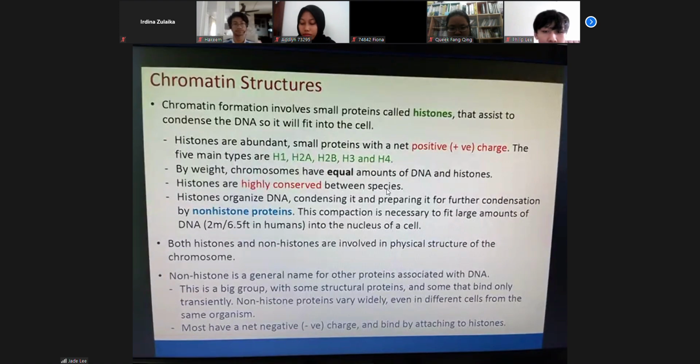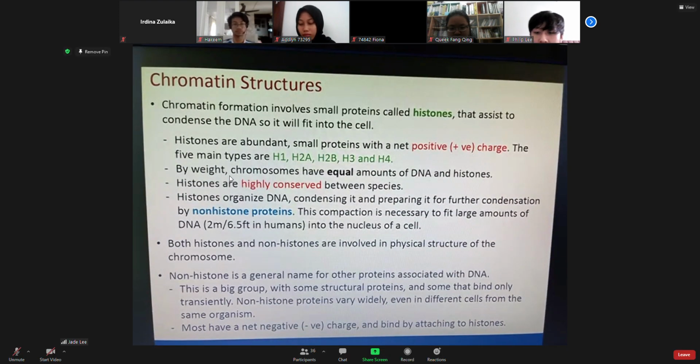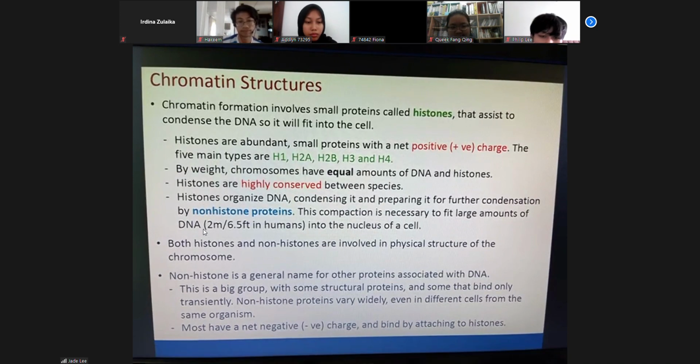Okay, alright. So by weight, the chromosome have equal amount of DNA and histones, and they are highly conserved between species. So histone organize the DNA, condensing it and preparing it for further condensation by non-histone protein. So this compaction is necessary to fit the large amount of DNA, which is 2 meter, which is 6.5 feet in humans, into the nucleus of a cell.